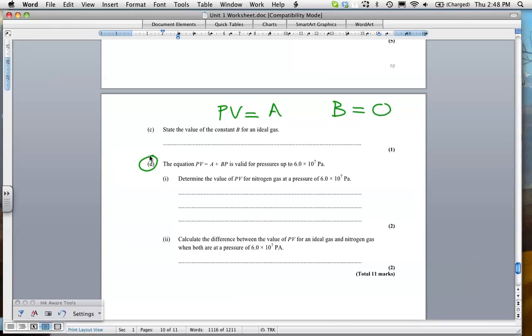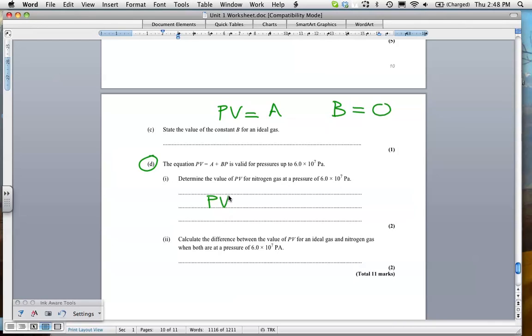And then I'm just going to do this one over here. The equation PV is equal to A plus BP is valid for pressures up to 6. Determine the value of PV for nitrogen gas at a pressure of 6 times 10 to the 7 pascals. Now you just use your formula that you got.